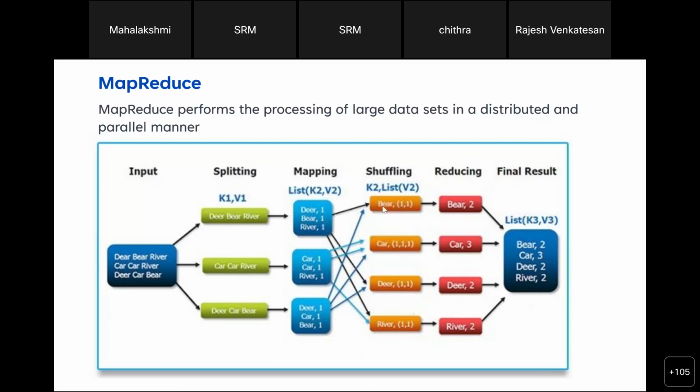Here, beer is repeated two times, car is repeated 3 times, deer 2 times, and river 2 times. Finally, we reduce our output: counting how many times each item is repeated, we reduce the output and get the final result. This is what MapReduce does.